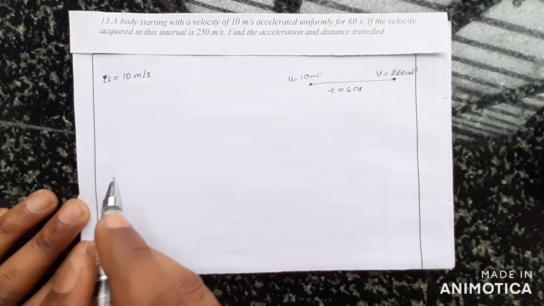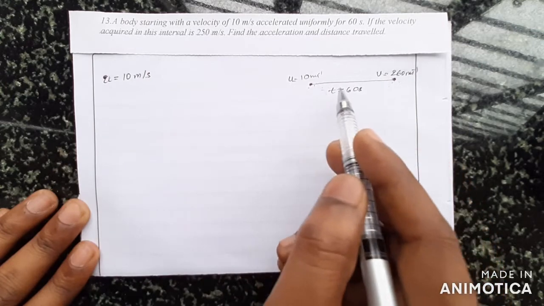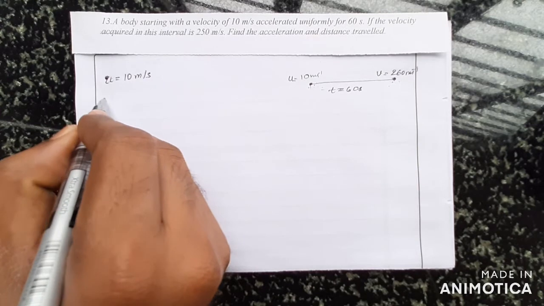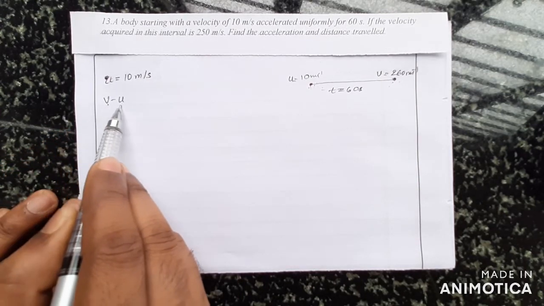But how do we write it mathematically? The velocity acquired in the interval of just 60 seconds is v minus u, final velocity minus initial velocity.